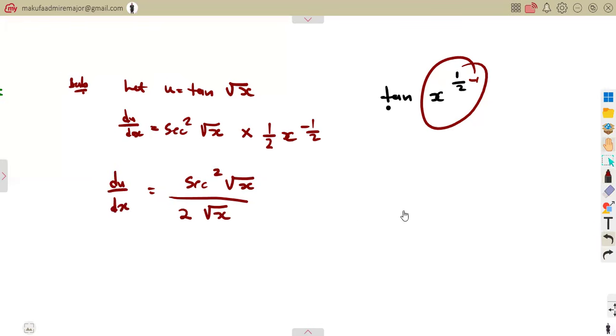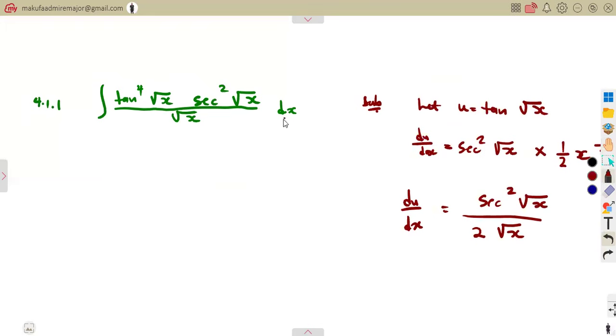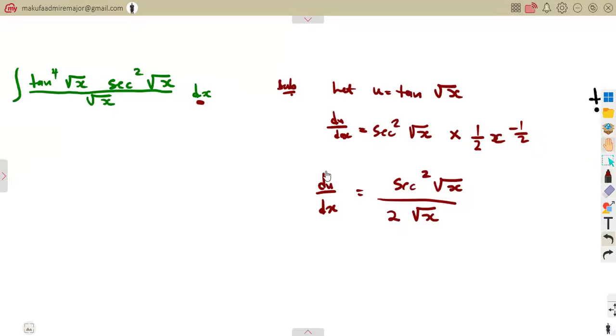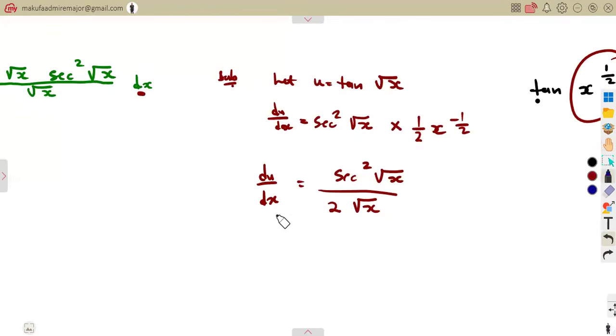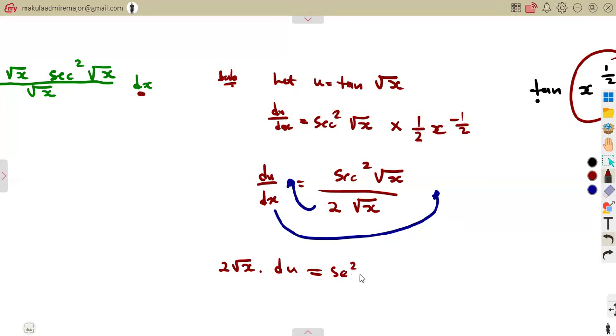And remember, what we need here is the dx. So let us make dx the subject. You were going to cross multiply. The dx was going to come this side, and this one was going to come this side. So we have 2 square root of x du, which is equal to sec squared of the square root of x times dx.